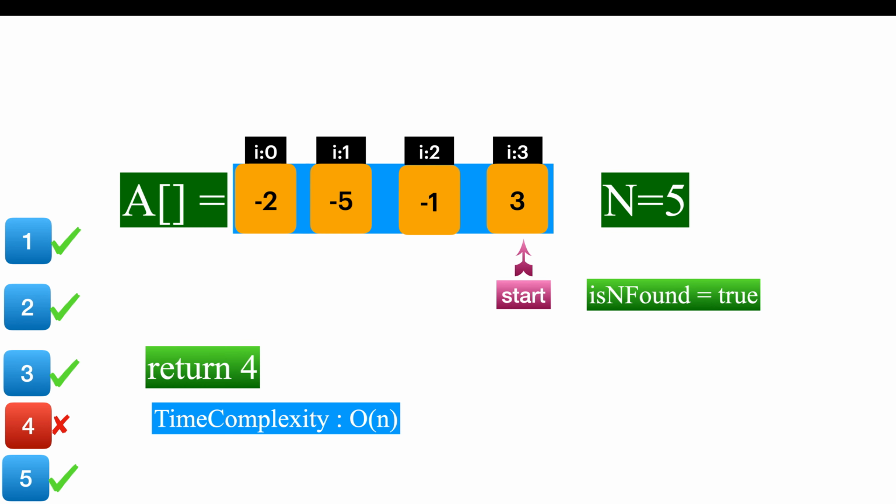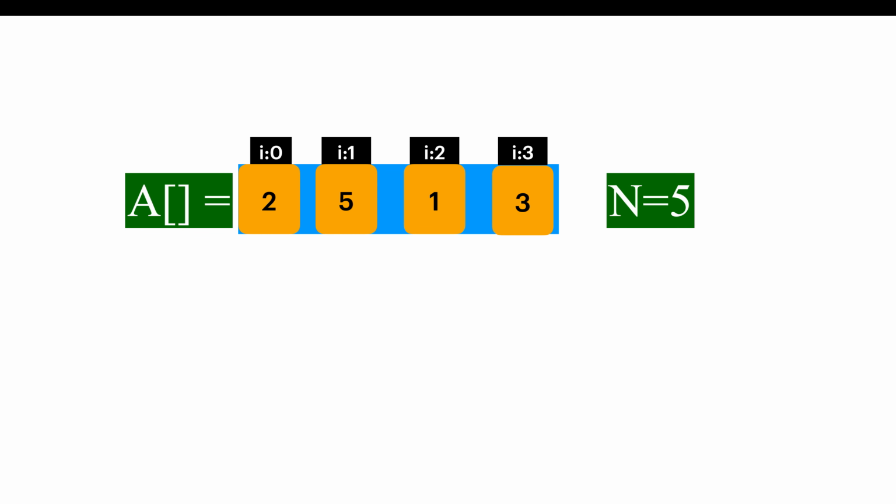First we iterate through to update the signs, second we iterate through to find the missing number, and the space complexity is constant because we are not using any additional space, we are just using the existing indexes to maintain the hash.